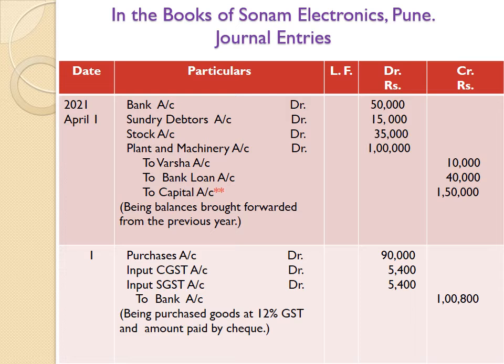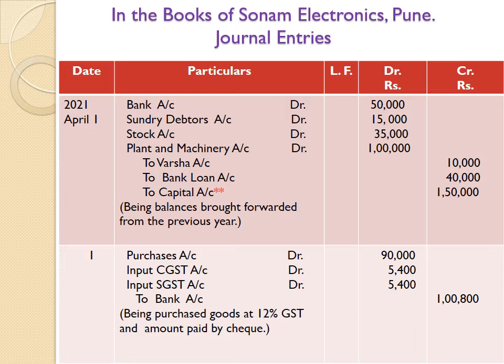Then the balances having credit items, that is amount payable to Varsha, creditors Varsha 10,000, bank loan 40,000, the difference is termed as capital. So I highlighted here capital. Capital is the difference between the total of debit and the total of credit items. So 1,50,000 came as the amount on account of capital.